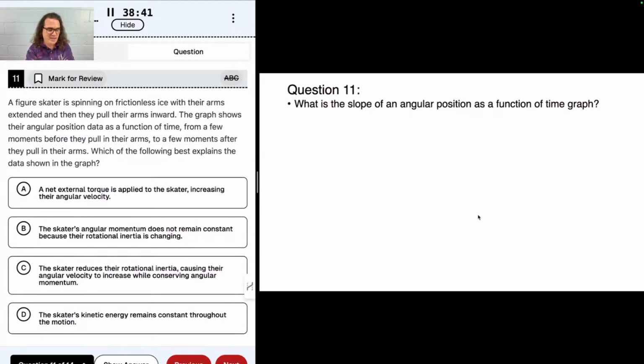Correct. Angular velocity. Again, just like the slope of a position versus time graph is velocity, the slope of an angular position as a function of time graph is angular velocity.